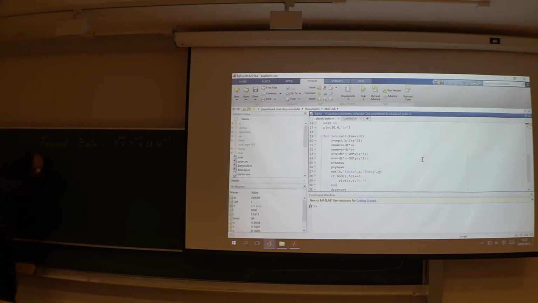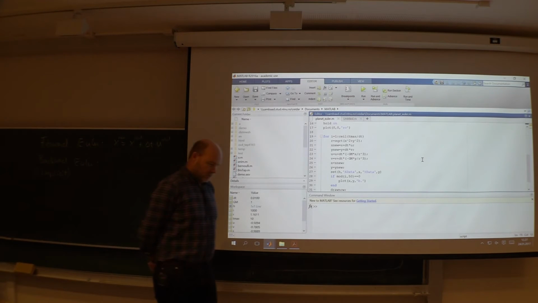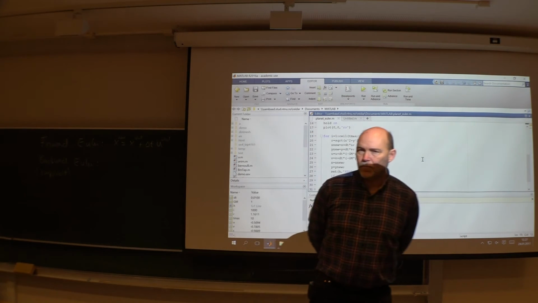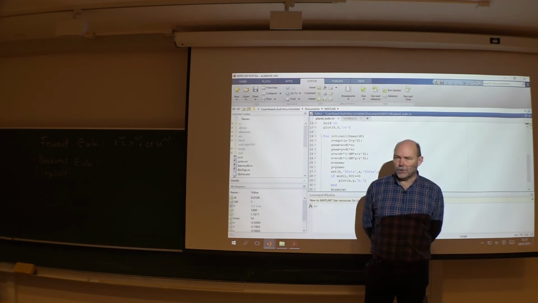What I now want to show you is something called backward Euler. Backward Euler, or if you like, implicit Euler. I've heard some very good rumors about this scheme. It's supposed to be unconditionally stable, meaning you can take very big time steps and it shouldn't explode.